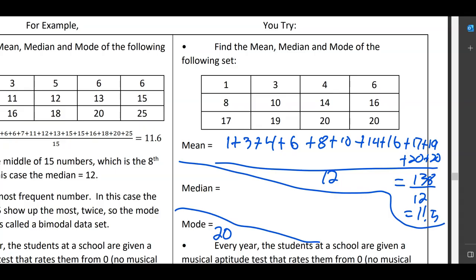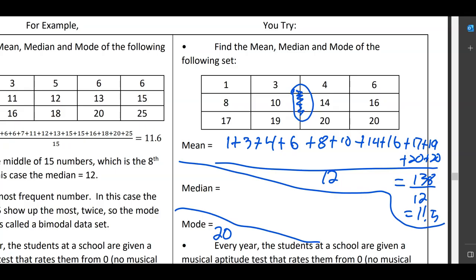Now the median. What's right in the middle? What's right in the middle of this data set is a space. To the left of this space, there are 1, 2, 3, 4, 5, 6 numbers. To the right of this space, there are 1, 2, 3, 4, 5, 6 numbers. So if you have an even number of data in a data set, there's a space right in the middle.